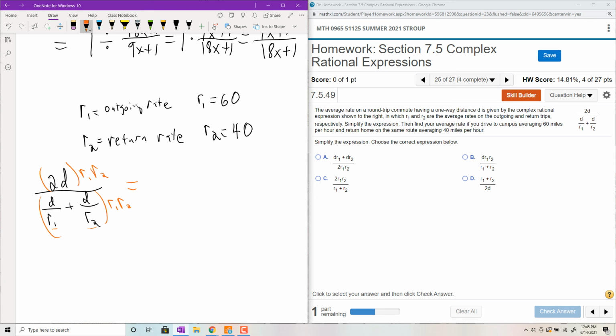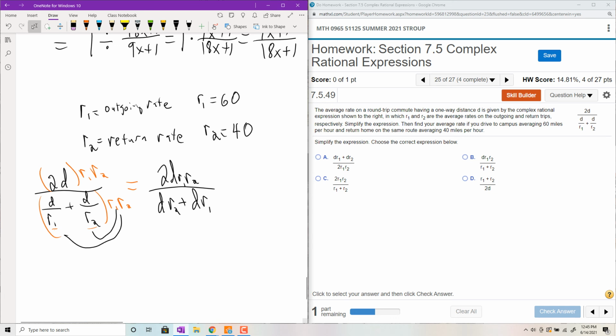Okay, so multiplying out, I get 2d times R1 R2 all over, okay, if I distribute here, in the first distribution the R1s will cancel, so you get d R2, and in the second distribution the R2s will cancel, so you get d R1. Okay, and I believe that is our expression.